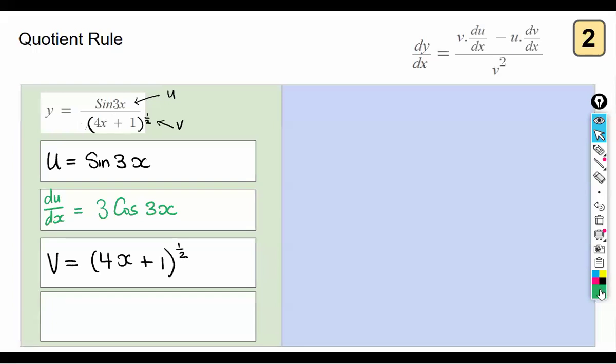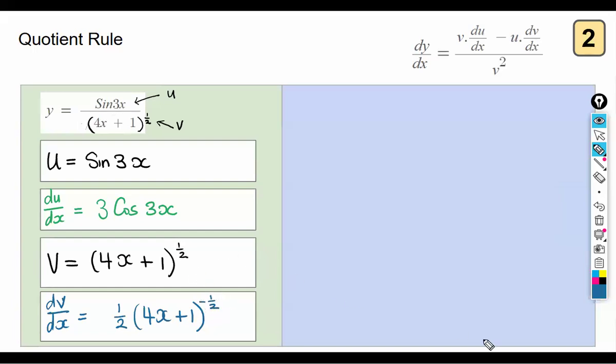For the second differentiation, you can use the shortcut for the hostage rule. Differentiate v with respect to x. You're going to get dv/dx. Remember what you do? You throw the power in front. I'll simplify it just now. So you throw the power in front, that's the half. You write back the brackets exactly as it is, and you minus 1 from the power.